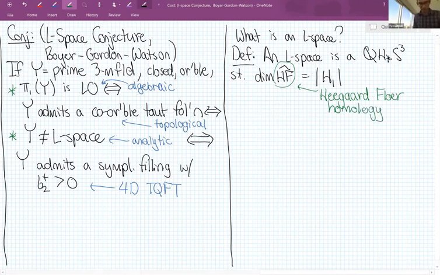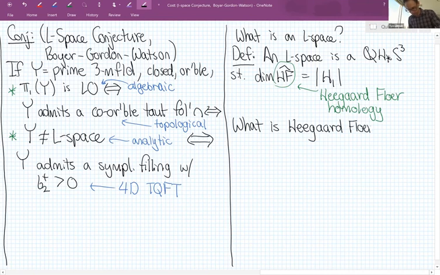If you haven't seen this before, then I should tell you a little bit about what Heegaard Floer homology is. I know there are quite a number of experts in the room about this, but I still wanted to give some very quick overview before we get into it.